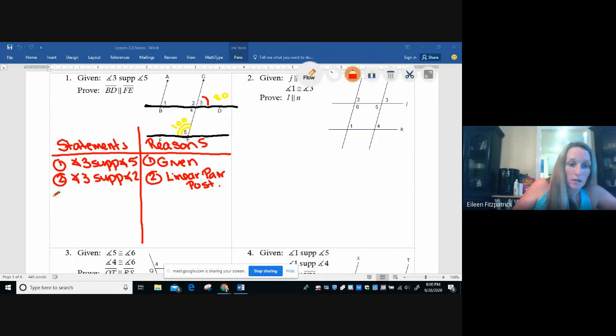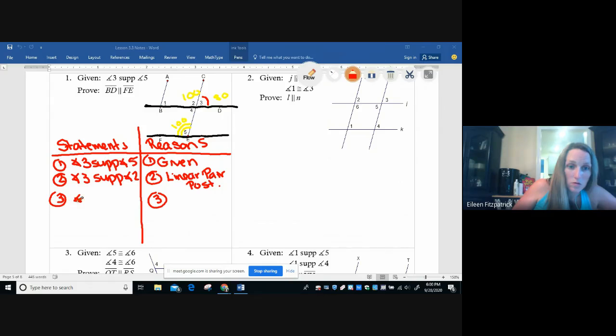All right. So then from there, where do we go? Well, if this angle is supplementary to that one, that means that this angle here, if I'm just making up angle measurements, this would be 100 degrees, right? That one's 80. So what do you know about 2 and 5 now? 2 and 5 are congruent, right?